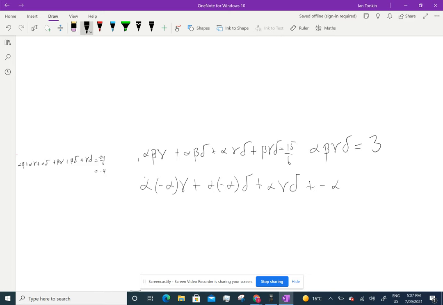Let me make these. Minus alpha times gamma times delta equals 15 on 6.